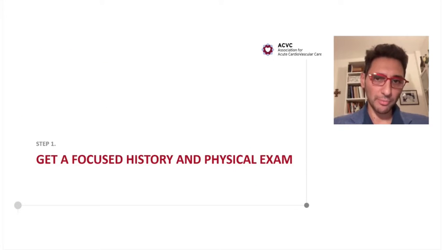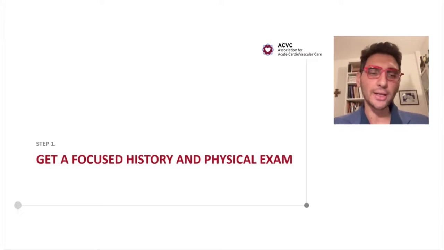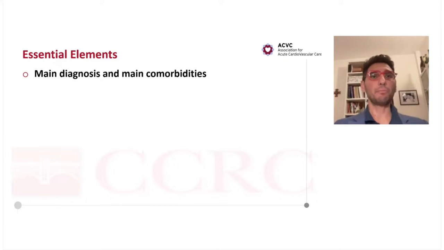So always remember this. Then, assuming you confirm your patient has hypotension, the most important step is to focus on a few elements that can help you funnel down the diagnostic possibilities.